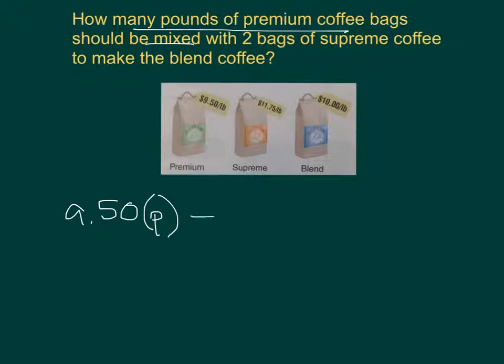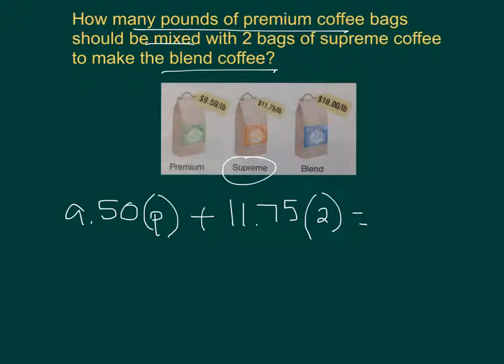Well, mixed is usually adding 2 bags of Supreme coffee. We know that the Supreme coffee is $11.75, and we're going to have 2 bags of it, assuming that 1 bag is a pound, and that needs to equal the blend coffee.